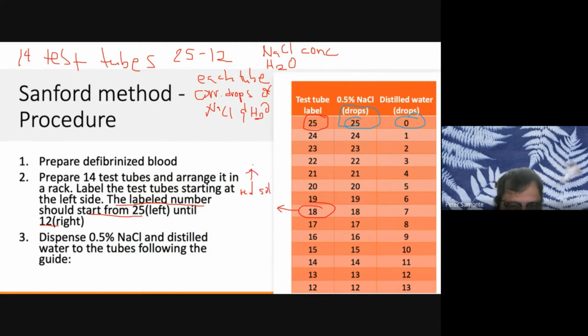That would indicate complete hemolysis. Now you have to get the percent NaCl. So what you're going to do is multiply the test tube number, which is 18, by 0.02.